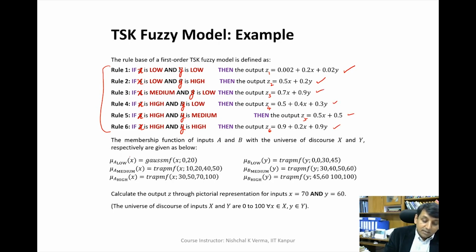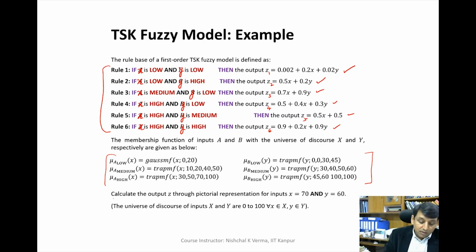And the corresponding fuzzy regions that are given for low, medium, high for the x input variable are given here, and similarly for the y input variable, the corresponding low, medium, high fuzzy regions are characterized by these membership functions.